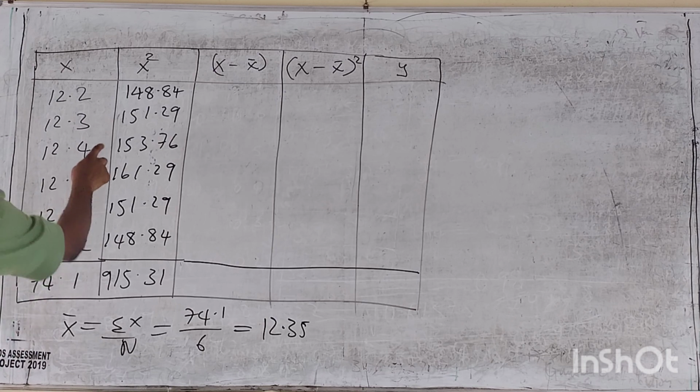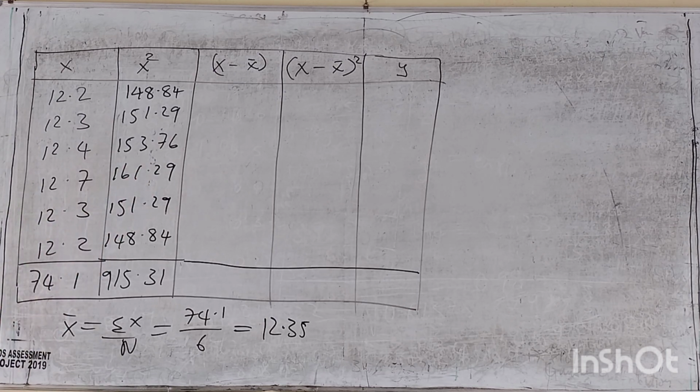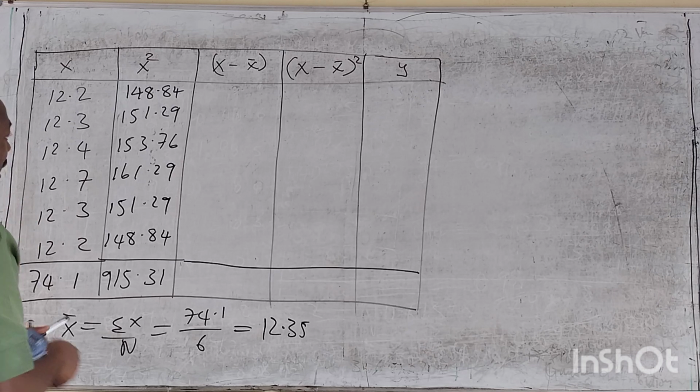Now let me confirm these two. I have 12.7 squared, 161.29, and 12.3 squared, 151.29. Okay, that's good. So now let's proceed.